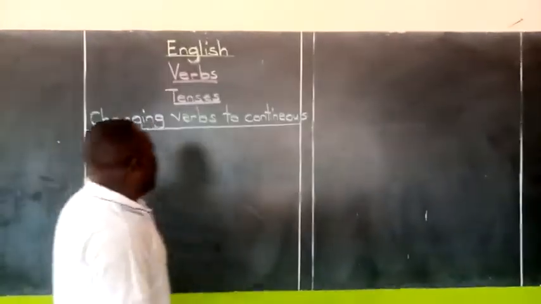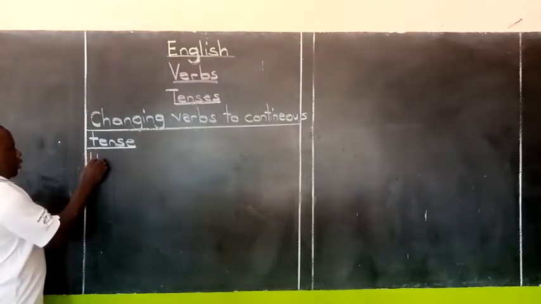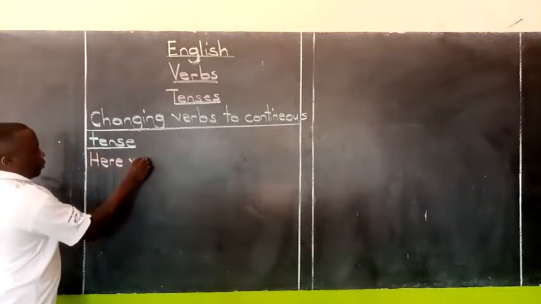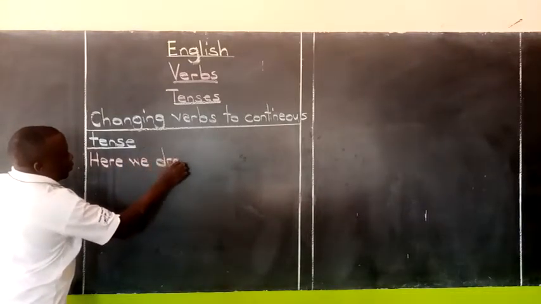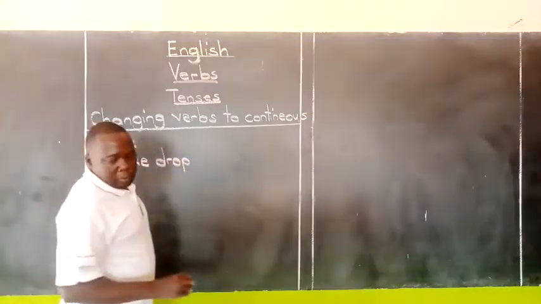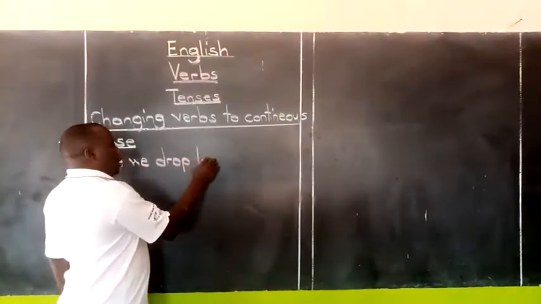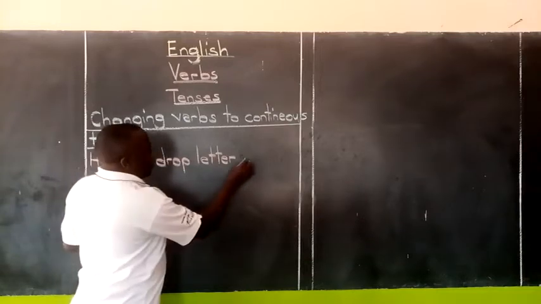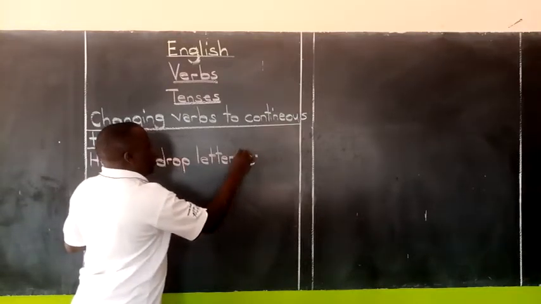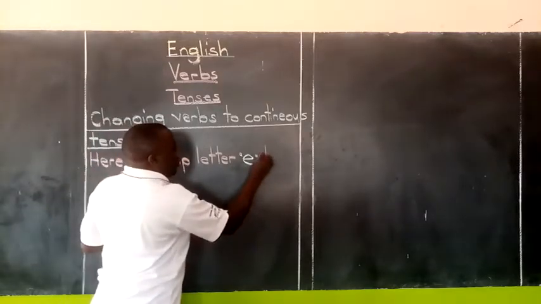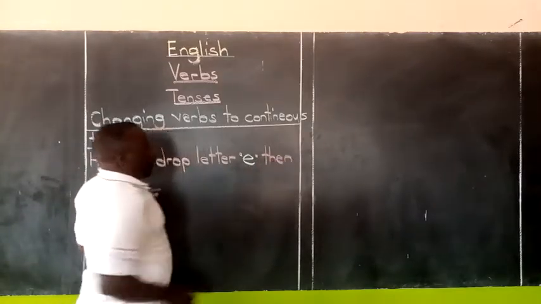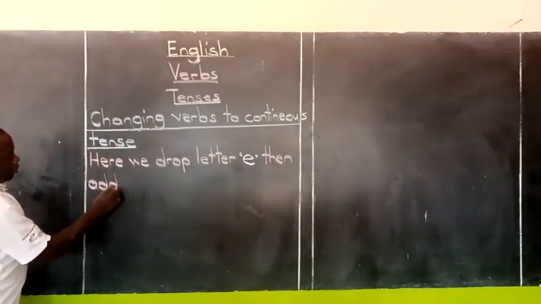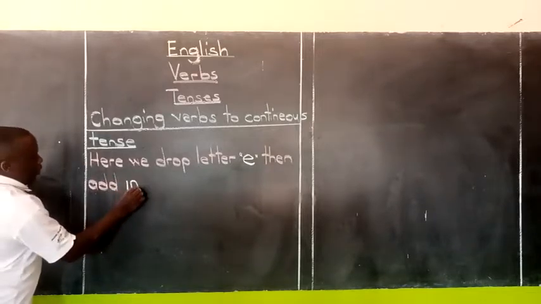I'll say that here we are going to drop letter E. Then after dropping it, add ing.